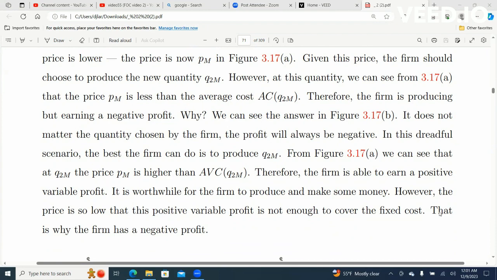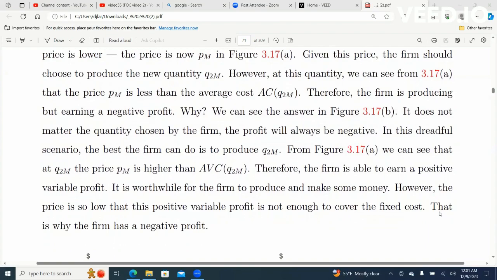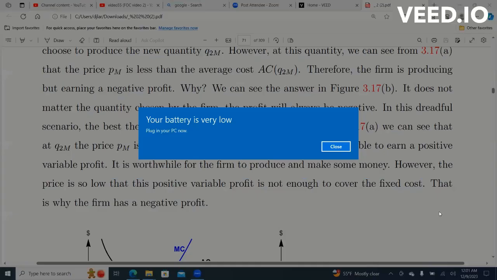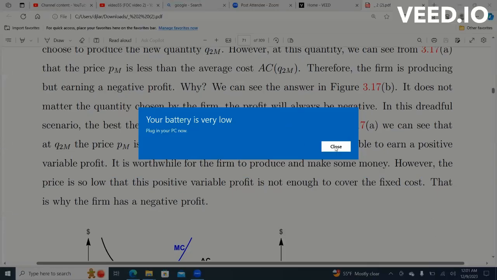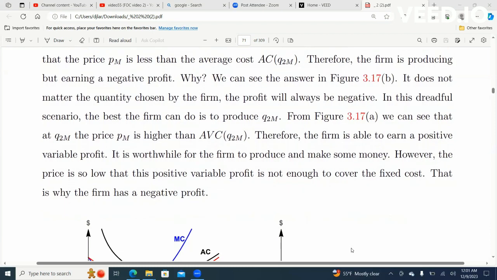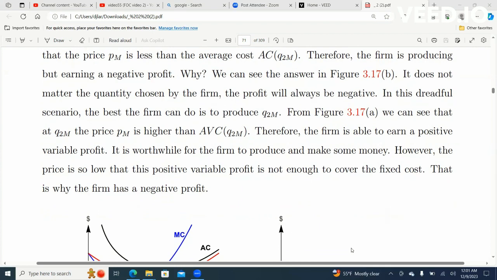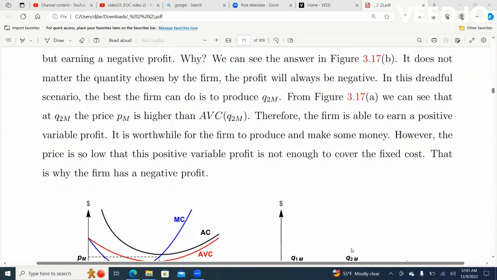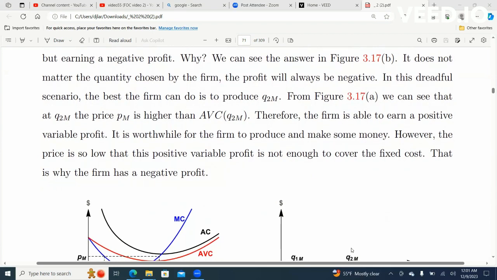However, at this quantity, we can see from 3.17a that the price PM is less than the average cost of Q2M. Therefore, the firm is producing but earning a negative profit. Why? We can see the answer in figure 3.17b.